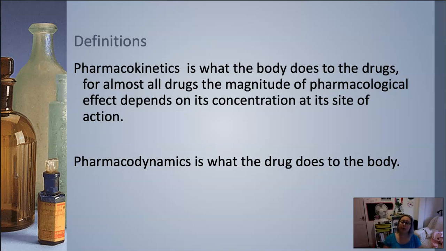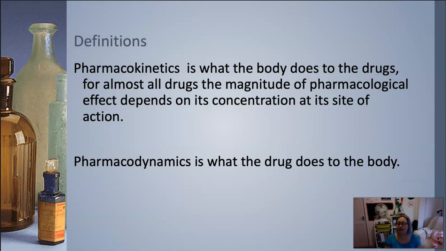And pharmacodynamics is the second stage, so this is concerned with what the drug does to the body. Once that medication has been taken, once it's gone into the body and been absorbed, and we've considered the effect the body is having on the medication, pharmacodynamics is now what the drug does to the body.